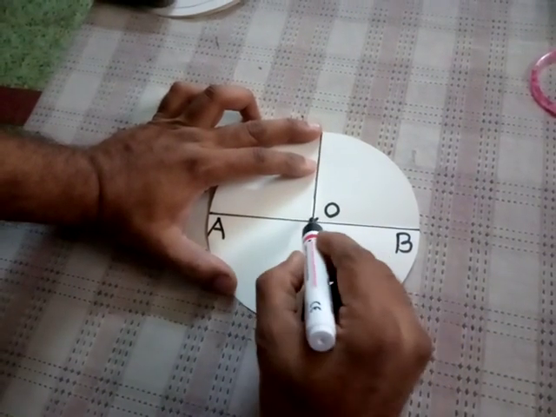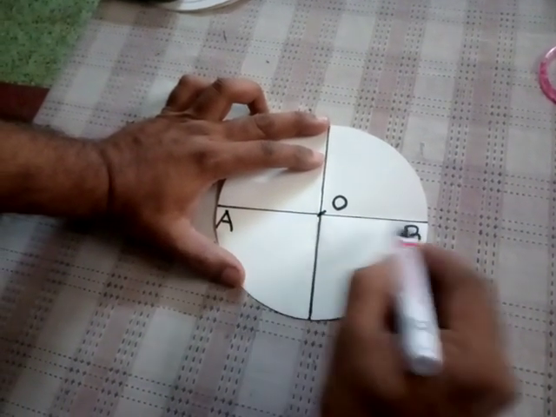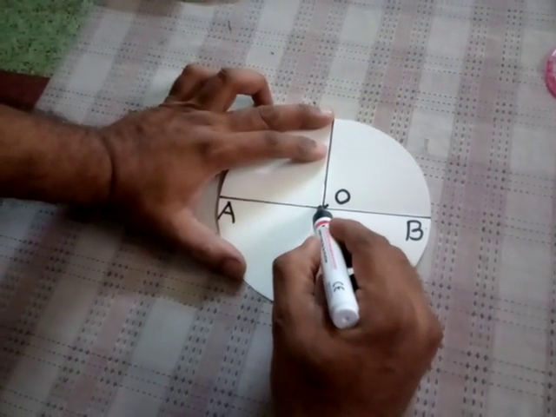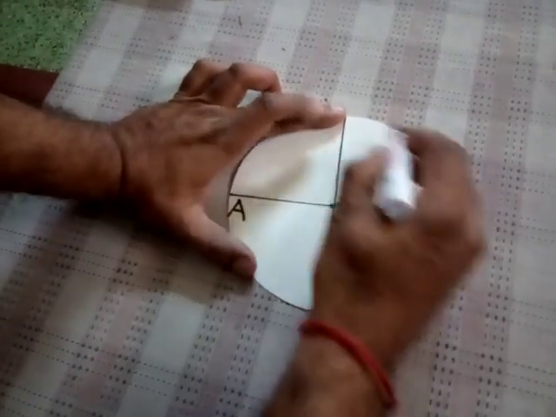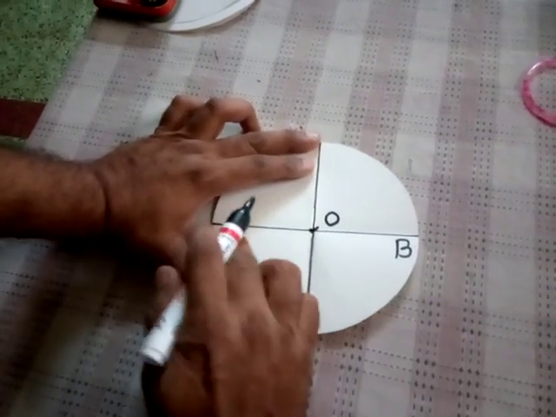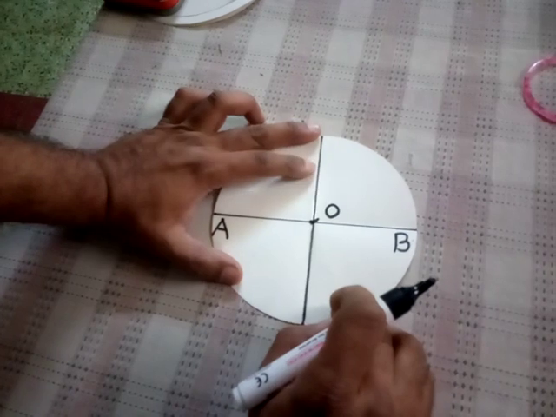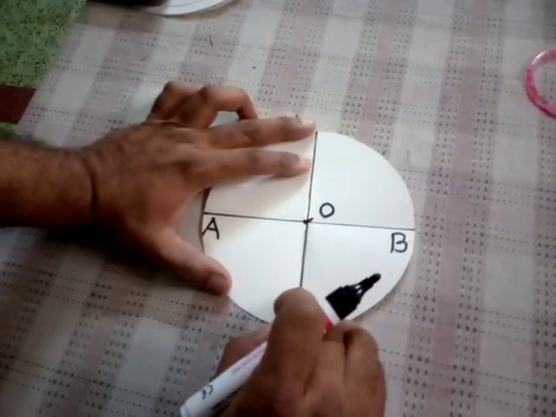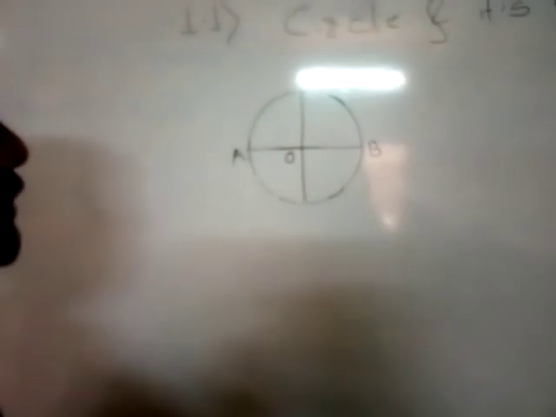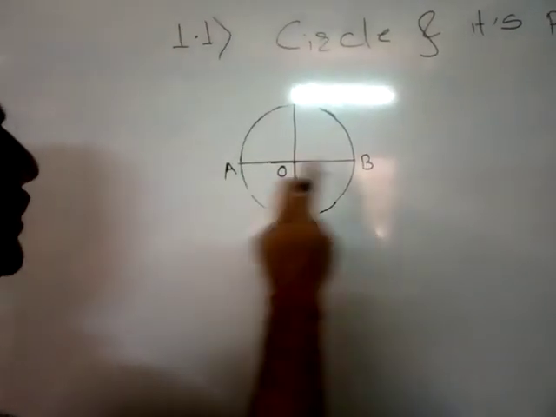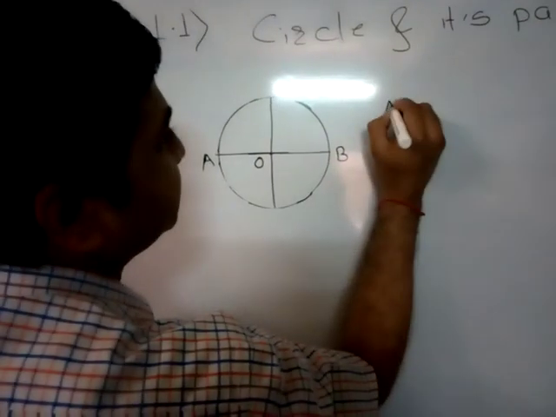And a line segment OB, joining the center of the circle to any other point on the circle, is known as the radius of the circle. So here AB is the diameter of the circle, OA is the radius of the circle. So we got that AB is a diameter, line segment AB.